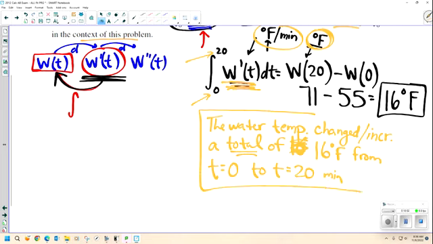This is the explanation of this answer in the context of the problem. The water temperature changed or increased a total, because remember, we're totaling. That's what integration does. A total of 16 degrees Fahrenheit from time 0 to time 20. 1A is done. 1B is done.